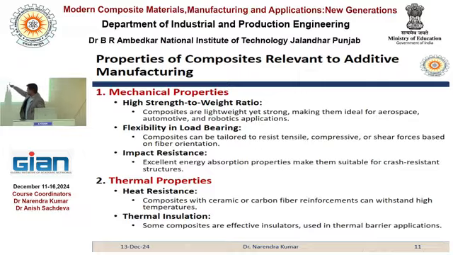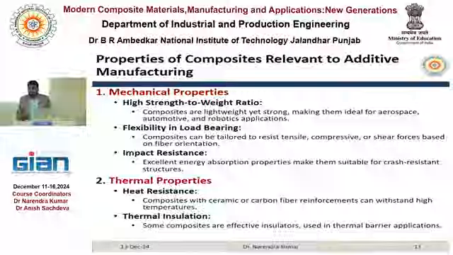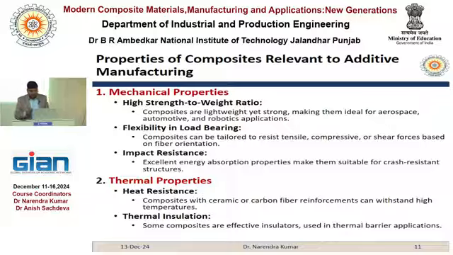We can change this because we have the nozzle or the mechanism by which we can control the orientation of the fiber. Like in the case of continuous fiber 3D printing, I will tell you later on. So flexibility in load bearing, impact resistance, thermal resistance, in which we can increase the heat resistance, right? So that your composite will withstand high temperatures, and thermal insulation.